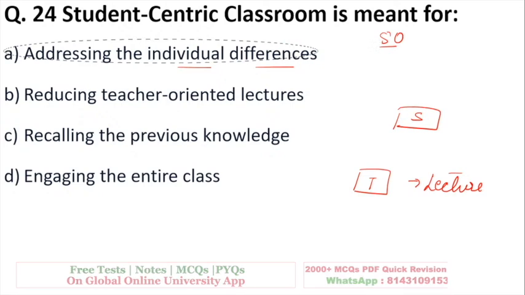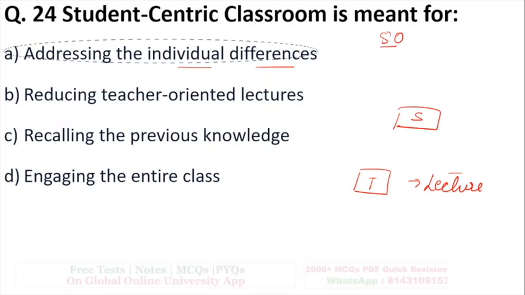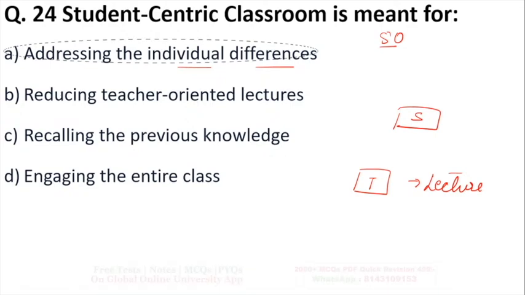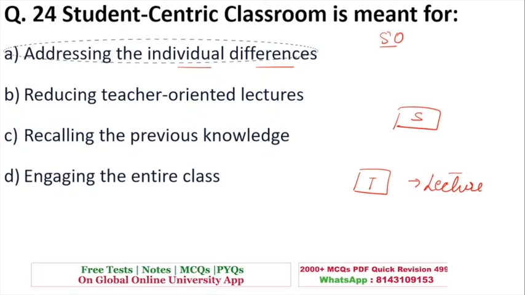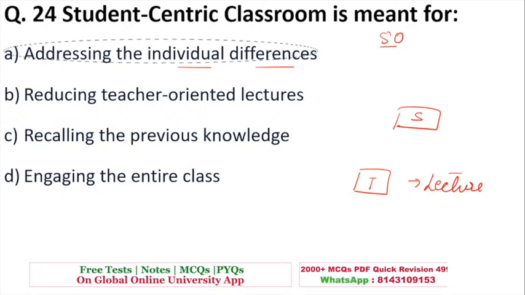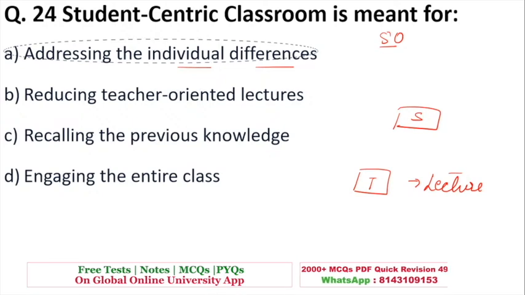They might come from different social, economic, or different intellectual backgrounds. So in a student centric method, the teacher gives an opportunity to the students also, so that they speak, and then she finds out about them. So student centric method addresses or takes care of individual differences.